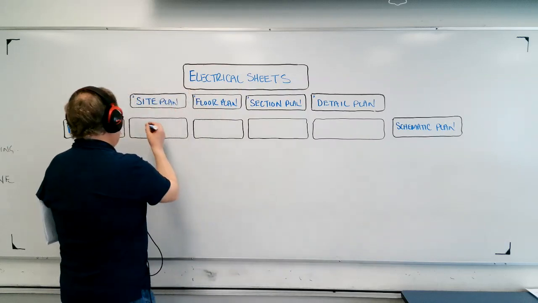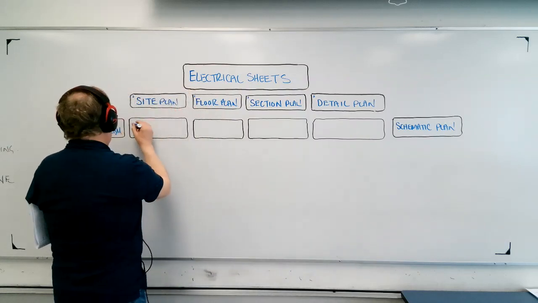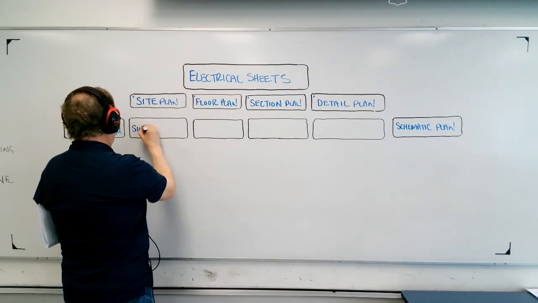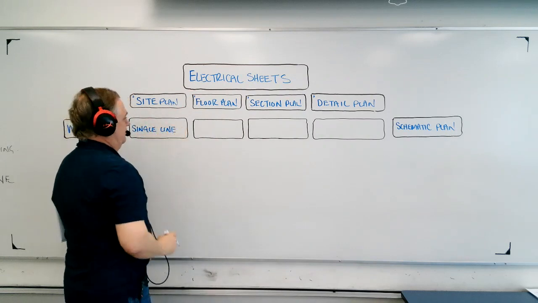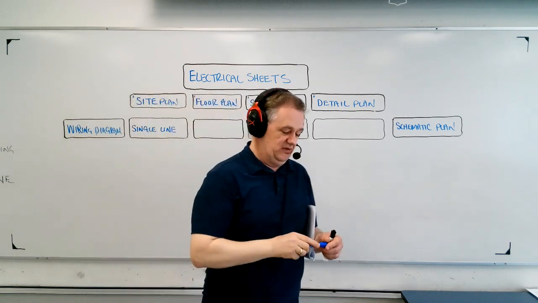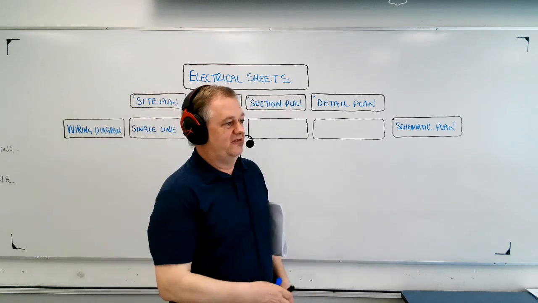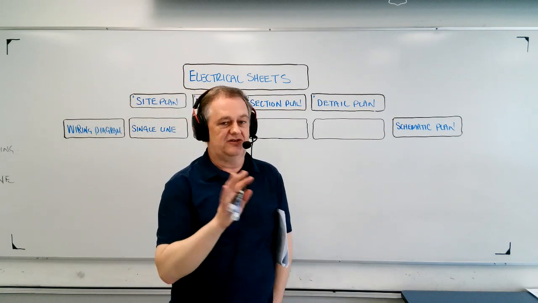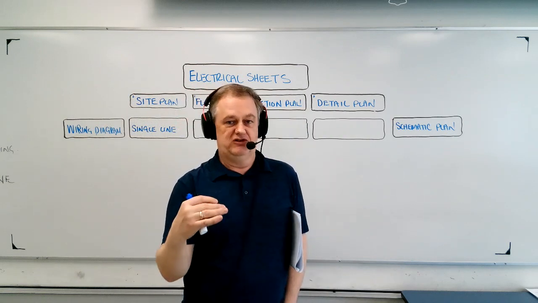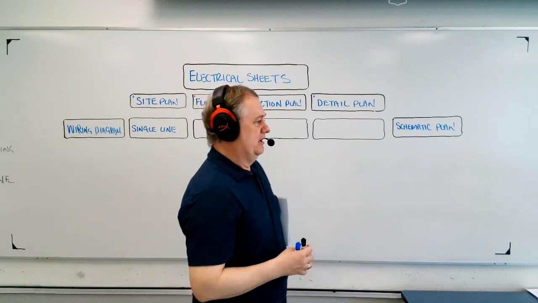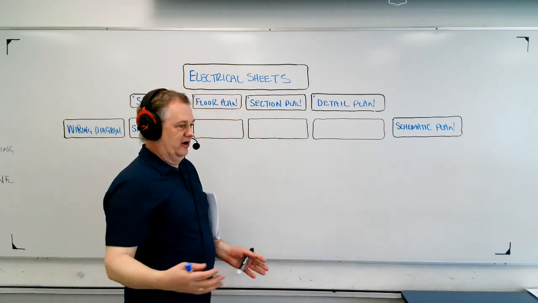And so if you just draw a diagram that is called a single line, and we've talked about that in previous sections, the single line diagram is very good at describing how the service is broken up, any changes in voltages, and what the main panels are, and everything like that.